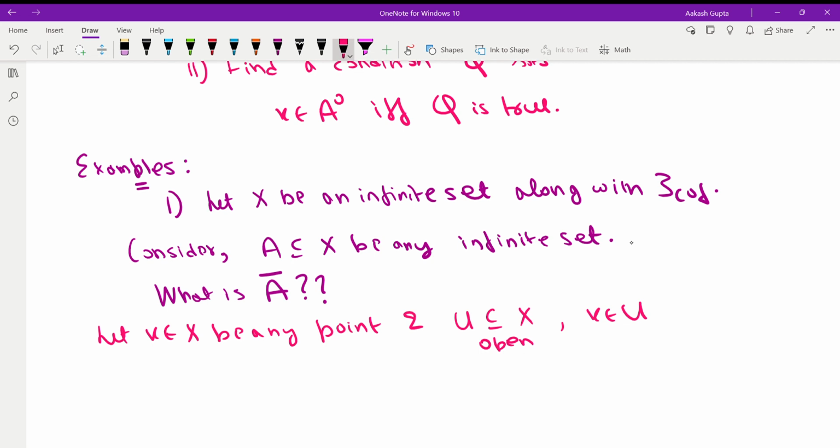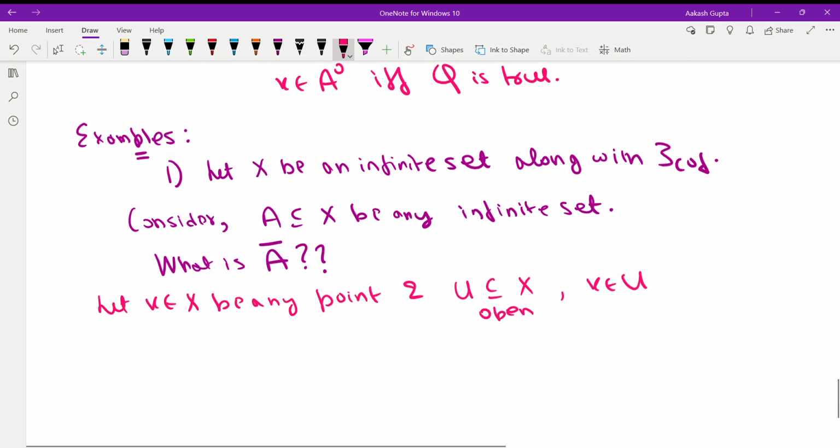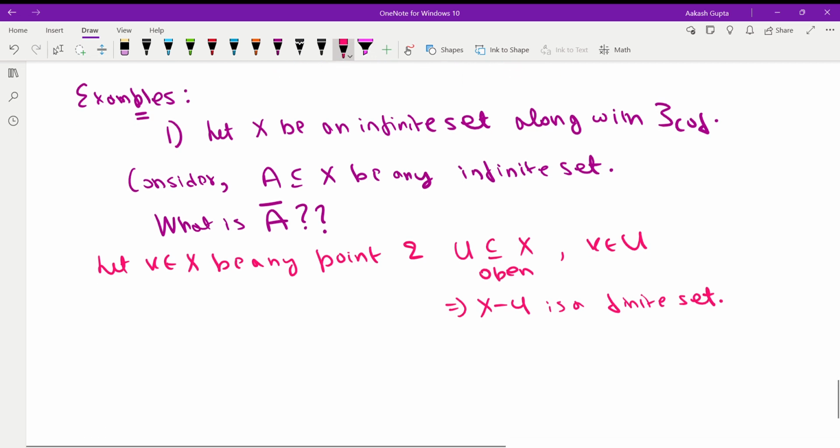So let us take any point in X and see what's happening. If x belongs to U, what it means, and note that U is open means X minus U is a finite set, right? It is a finite set.